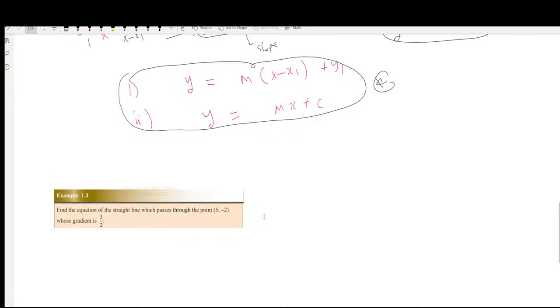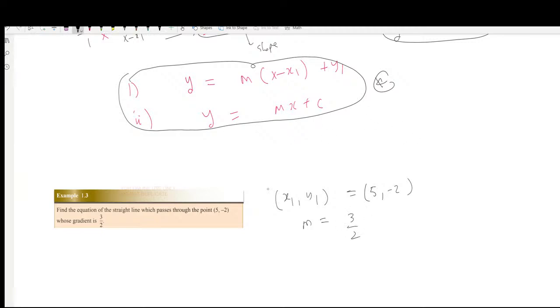Find the equation of a straight line which passes through the point (5, -2) whose gradient is 3 over 2. So basically you have x1, y1 as the given point (5, -2), and you also have the slope, which is 3 over 2.